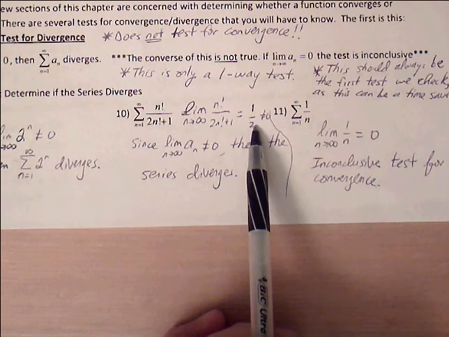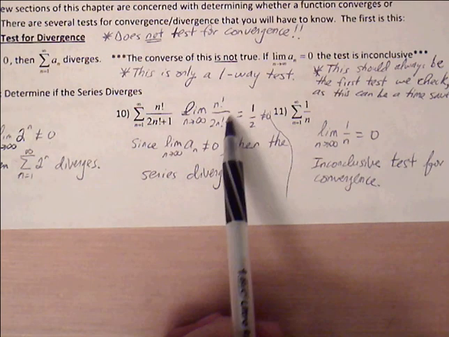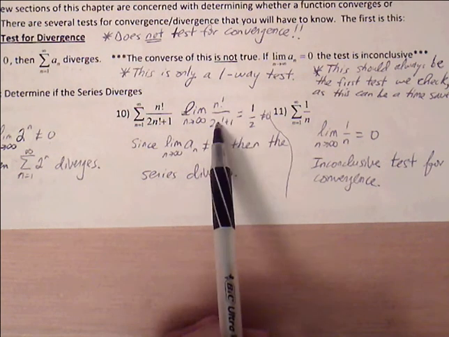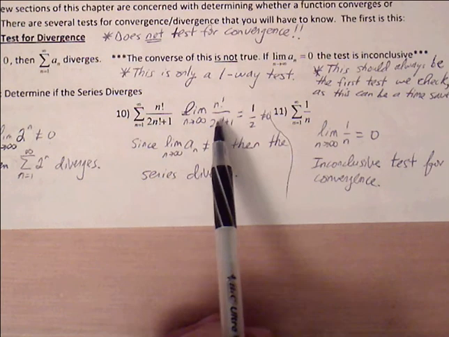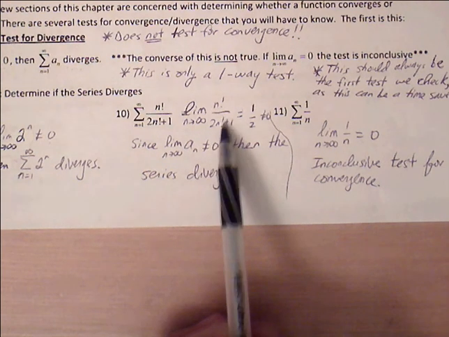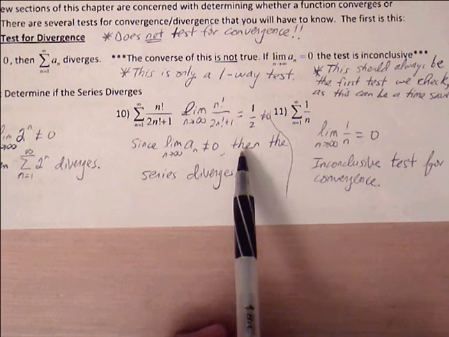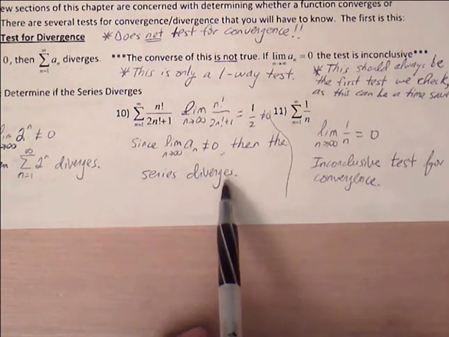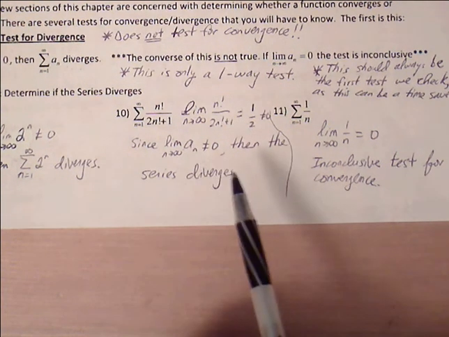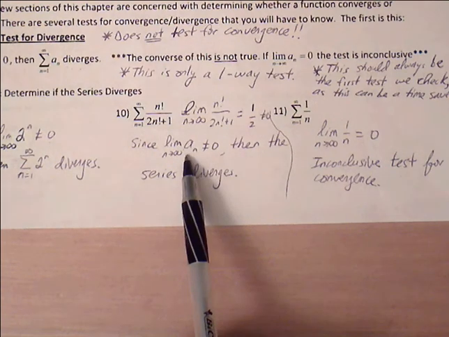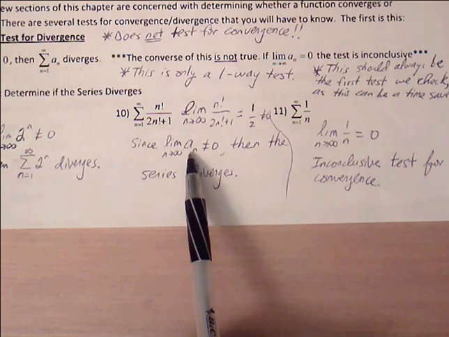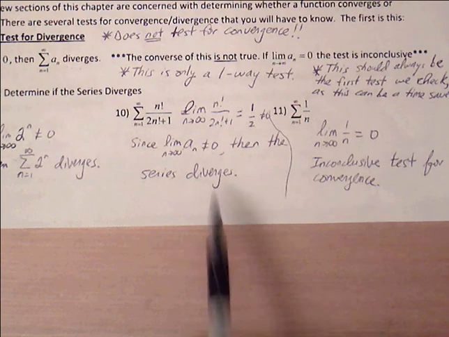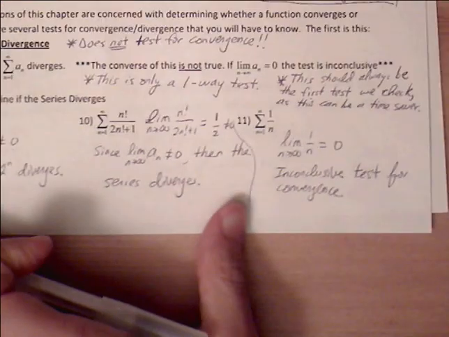And 1/2 does not equal 0. So this limit is approaching 1/2. However, it is not decreasing fast enough for this series to converge. So through the nth term test, because the limit as n approaches infinity for the sequence does not equal 0, we can simply say that the series diverges.